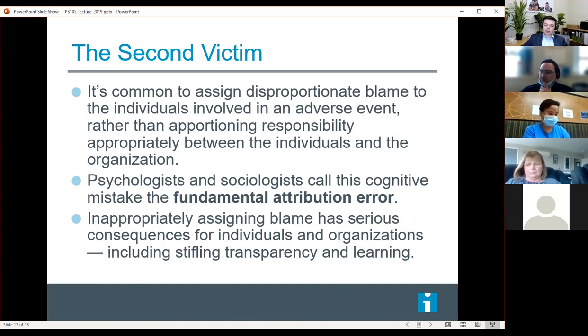Can anybody think of ways in which we can protect clinicians, mainly, from changing their practice in knee-jerk responses? Okay, Angela, you were about to say something?